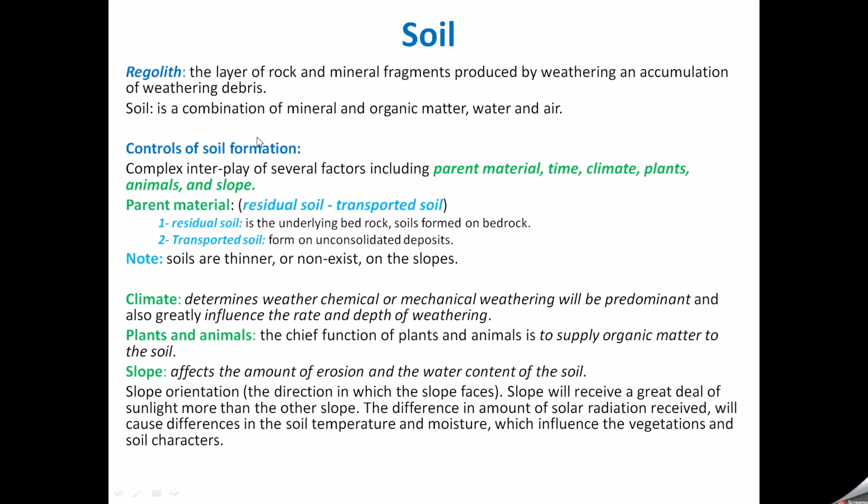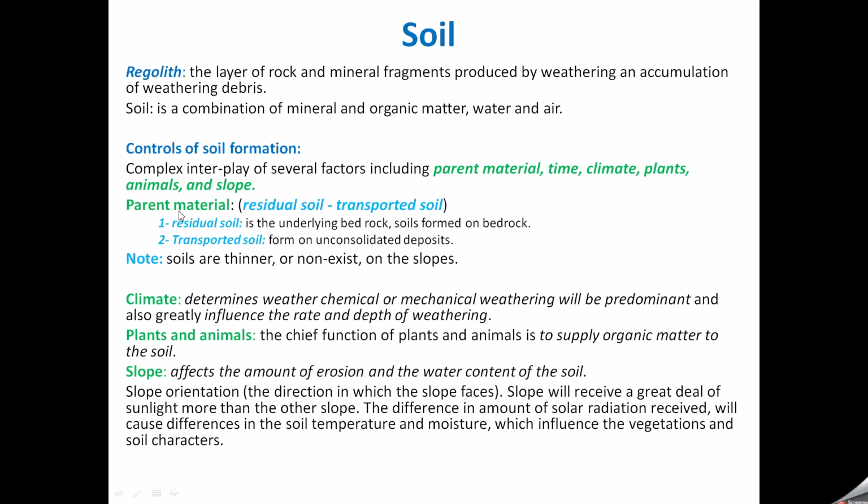Four things in the soil. Controls of soil formation: a complex interplay of several factors, including parent material or parent rock, time, climate, plants, animals, and slope. So parent material, time, climate, slope, and plants and animals.